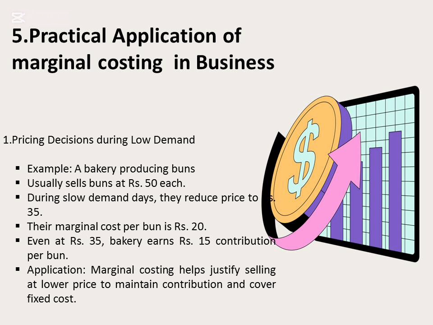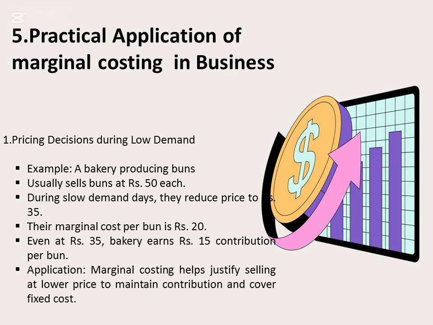A bakery producing buns usually sells buns at 50 rupees each. During slow demand days, they reduce the price to 35 rupees. Their marginal cost per bun is 20 rupees. Even at 35 rupees, the bakery earns a contribution per bun.